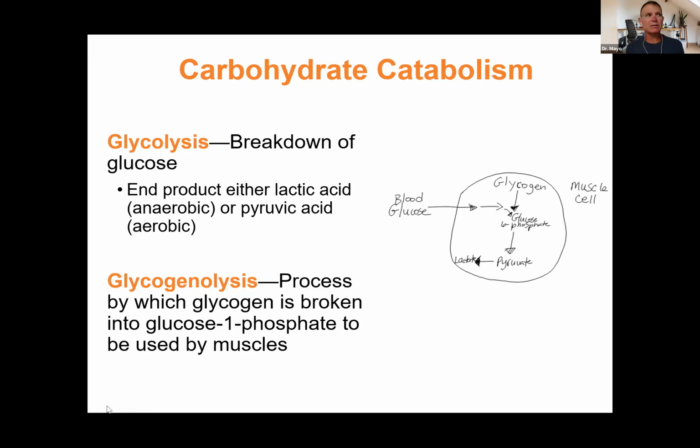If it's stored in the liver, right, because we talked about glycogen being stored in the liver, when you break it down, usually what happens is that glucose goes into the bloodstream, and this is the glucose that's going to be taken up by the muscle and used for energy. But in most cases, especially with these typical anaerobic, glycolytic activities, you're going to be using glycogen that you've got stored.